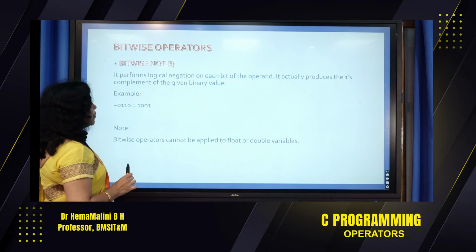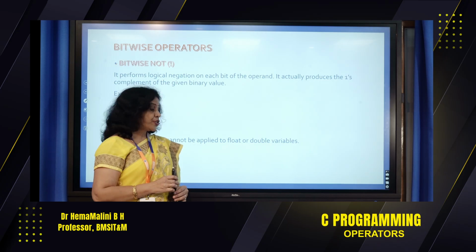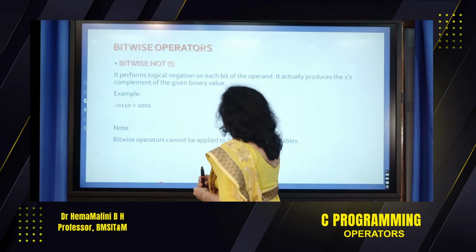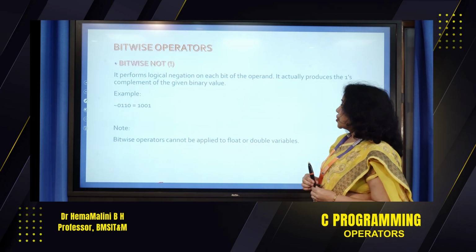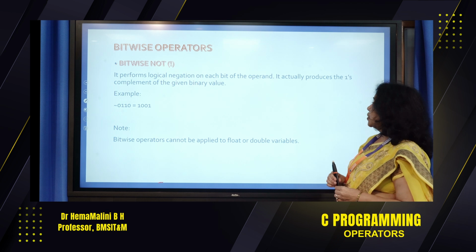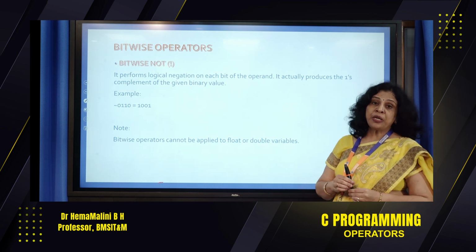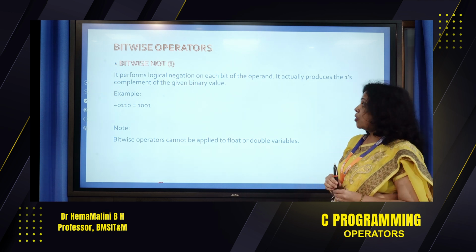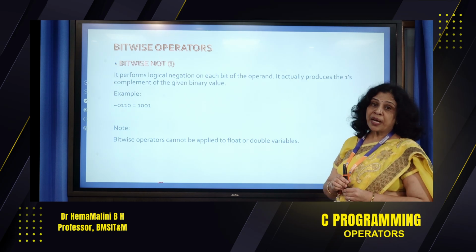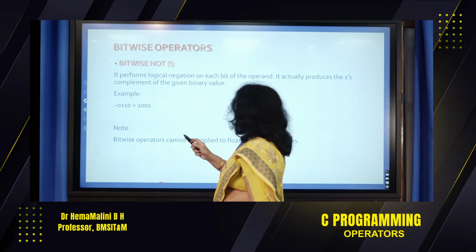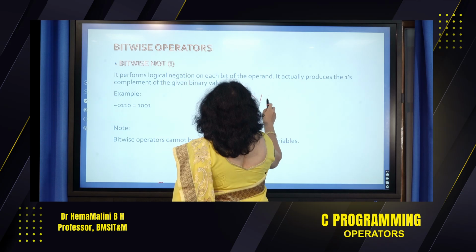Now bitwise NOT operation. It performs logical negation on each bit of the operand. It actually produces the ones complement of the given binary value. Say for example 0, 1, 1, 0.